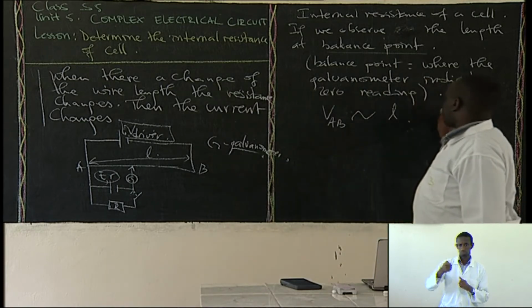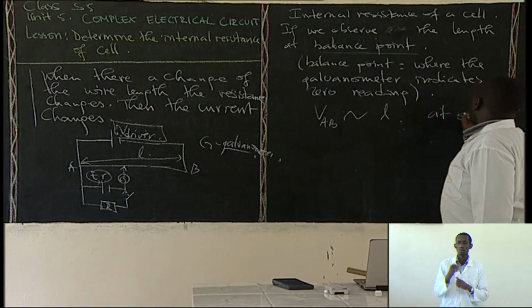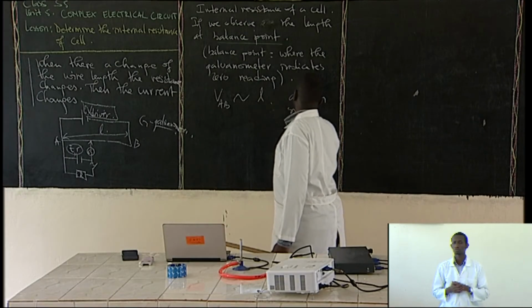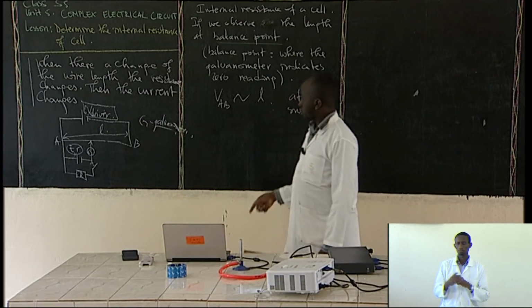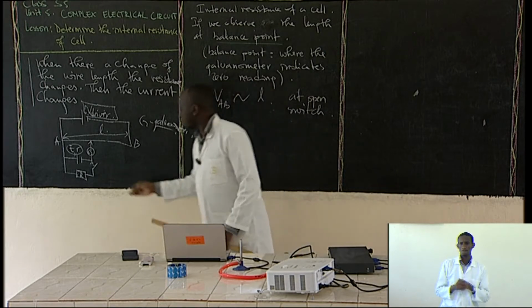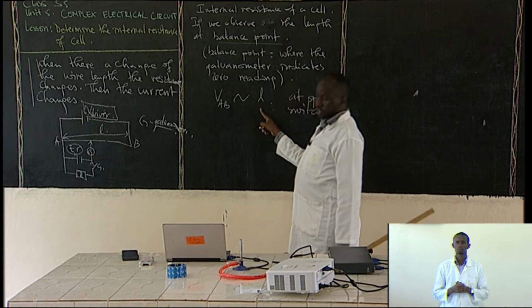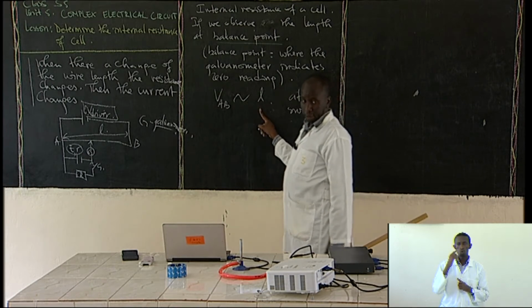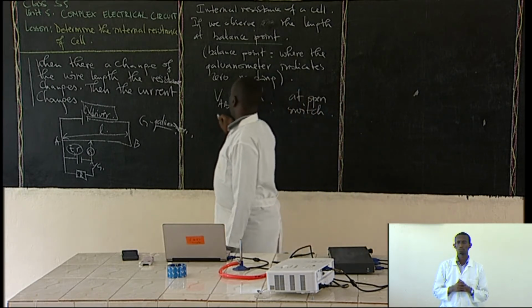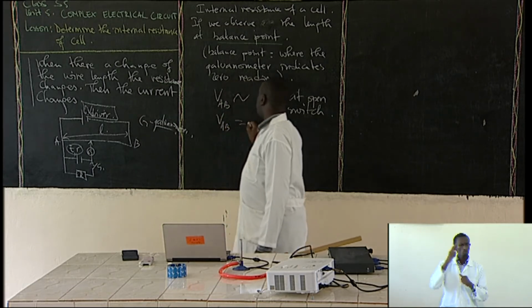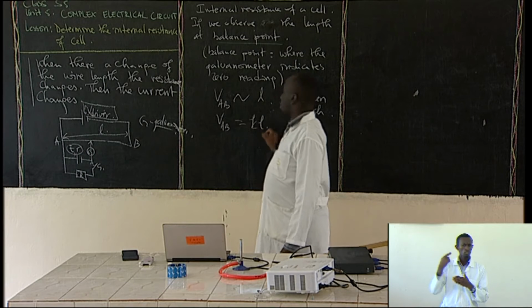In another word, this is an open switch. When the switch S is open, then we have this proportionality, okay? So then we have the constant of proportionality. You remember from the last time we said that is K, then times L.